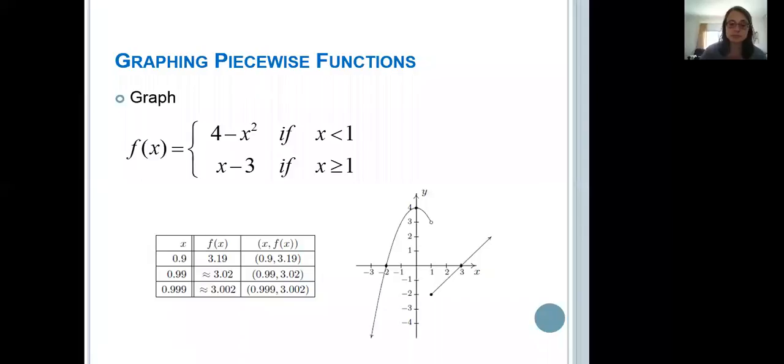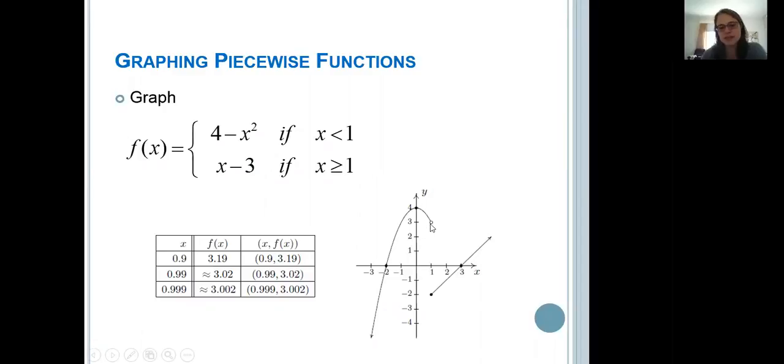Okay, so what that means is that if we get closer and closer and closer to 1, as x gets closer and closer to 1, my y gets closer and closer to 3.